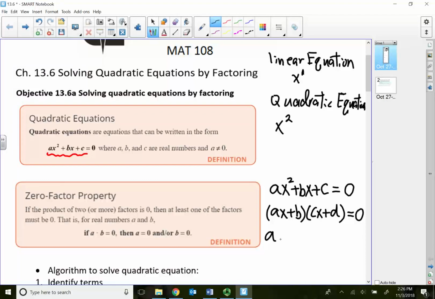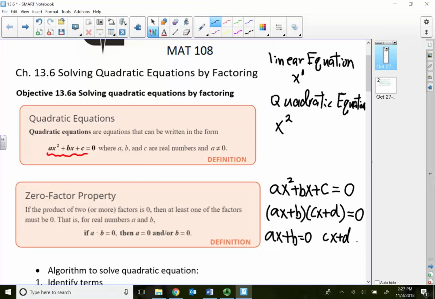So that means we're going to use the concept of setting my factor equal to 0 in order to solve for x. That particular number for x, which is my solution, times a plus b will make this whole thing equal to 0, because 0 times anything is still equal to 0.